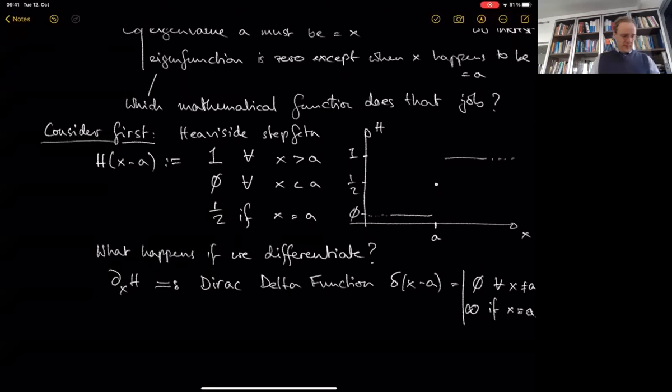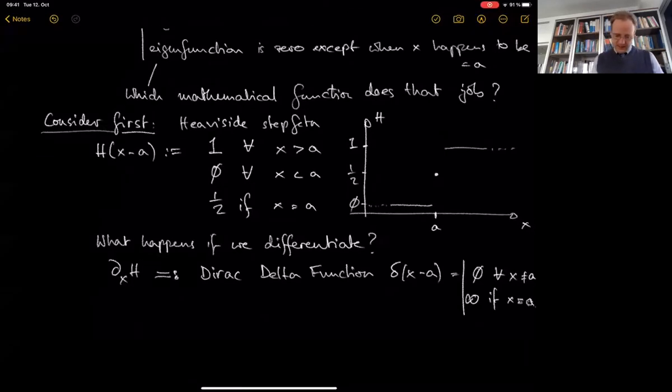Now, how does that help us? It helps us in the following way. We can use partial integration.